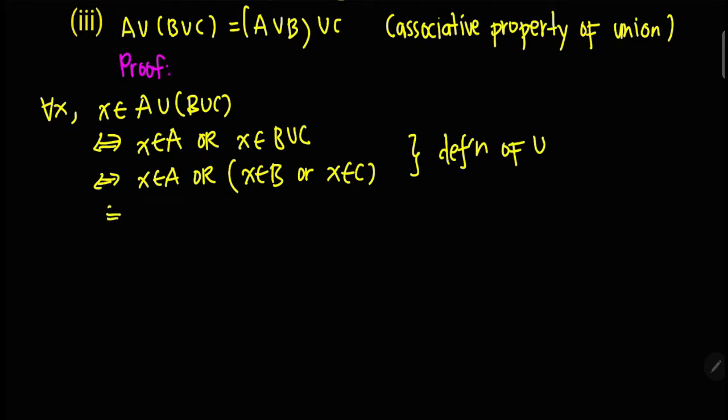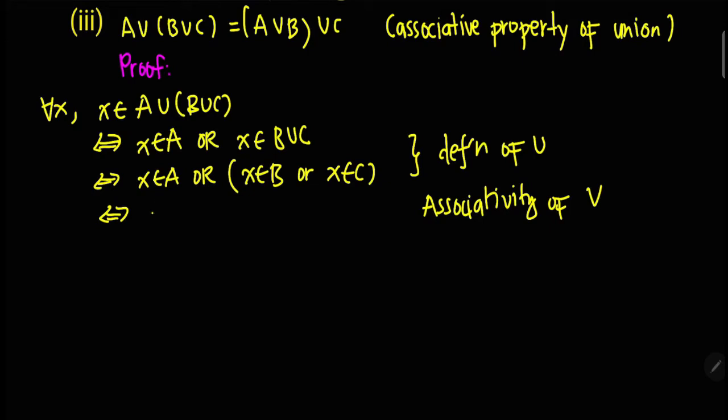Since we have the statement x is in A or (x is in B or x is in C), going back to our rules in logic, this is the same as associativity of logic, specifically the logical operator or.